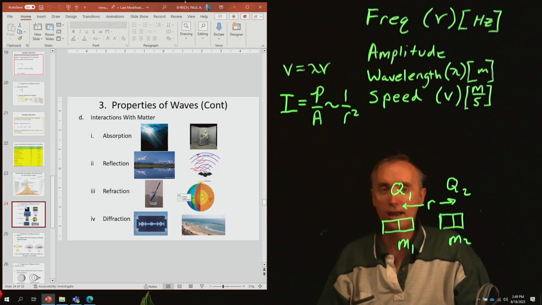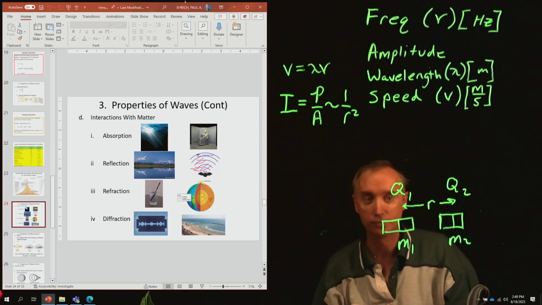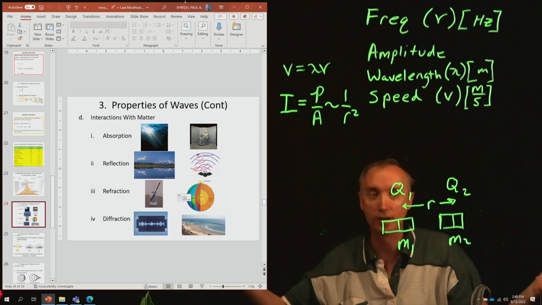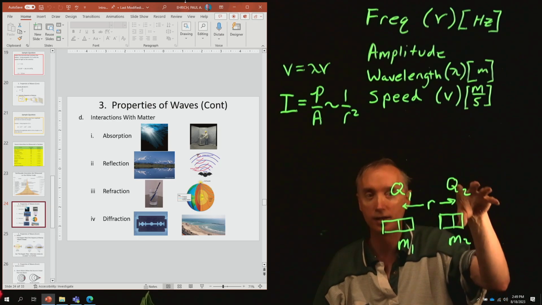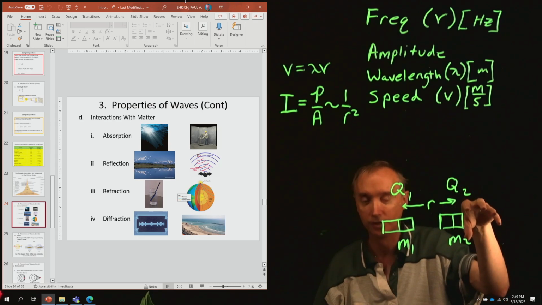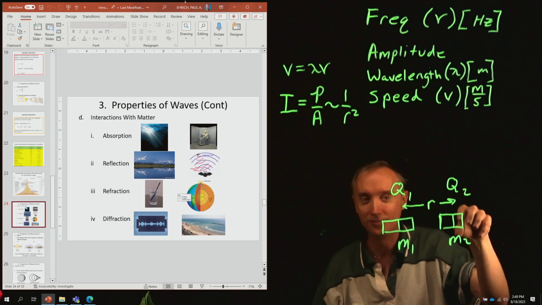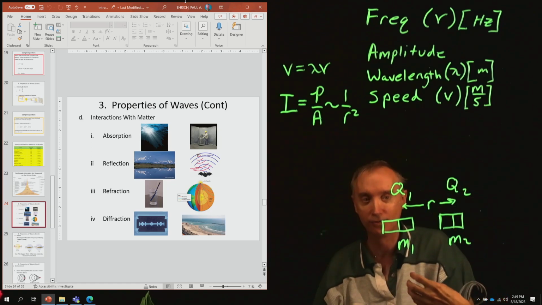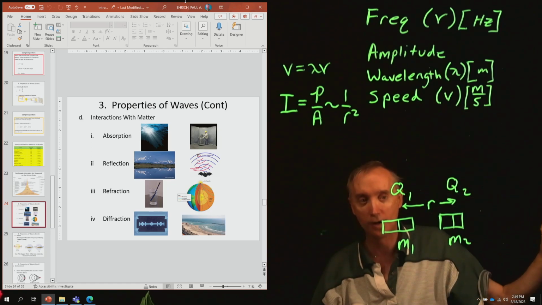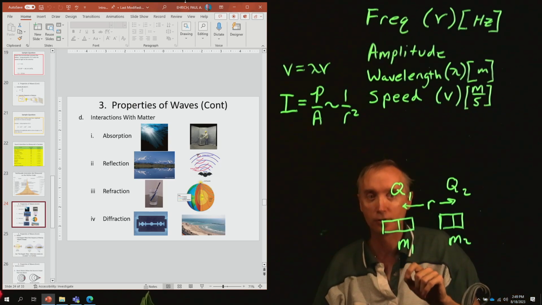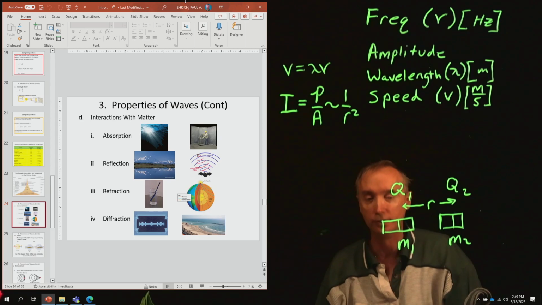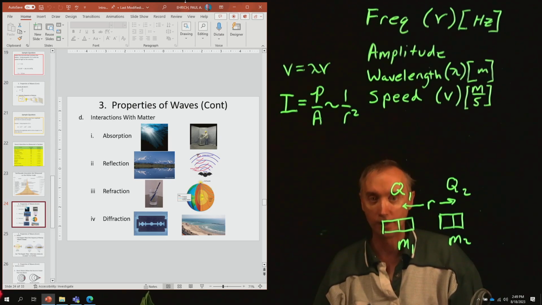It can also happen with sound waves. For example, this room that I'm in has sound baffling on the walls, and the idea is that outside noises in the hallway theoretically should not be able to get into this room because they will be absorbed by the walls. That picture shows a person putting up sound baffling on walls, which helps to absorb sound waves.